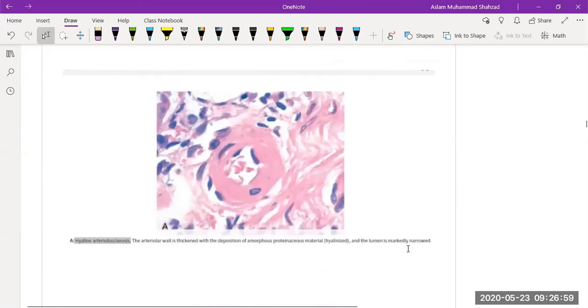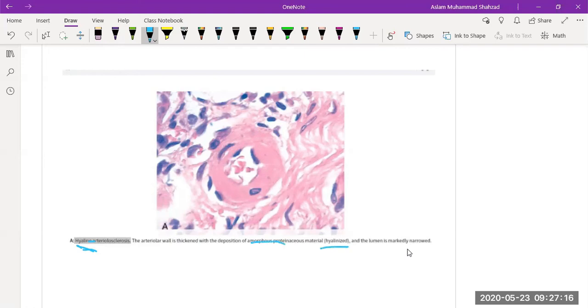When we take a look at hyaline arteriosclerosis, as the name indicates, the main feature is hyaline. The arteriolar wall is thickened with the deposition of proteinaceous material which is hyalinized.